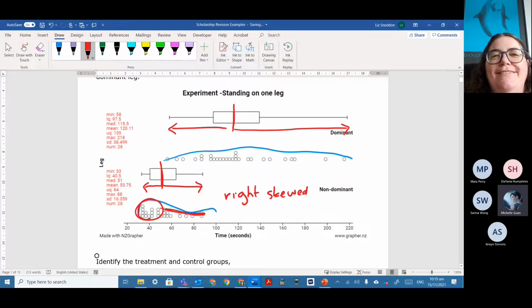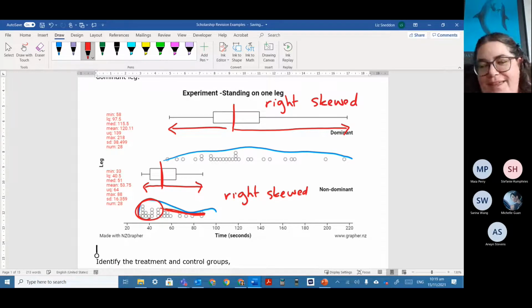Right. The long tail is on the right. So that's going to make it right skewed. Is that okay? So if we can't see it well from the shape of the dots, go back to that box plot and use that idea of from the median, is it symmetrical on both sides or not?